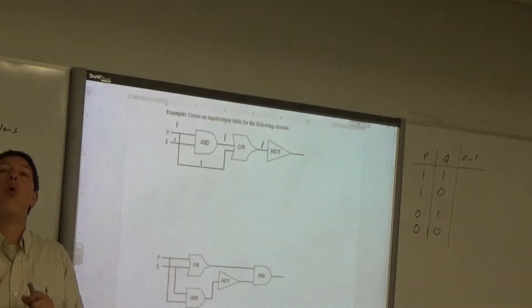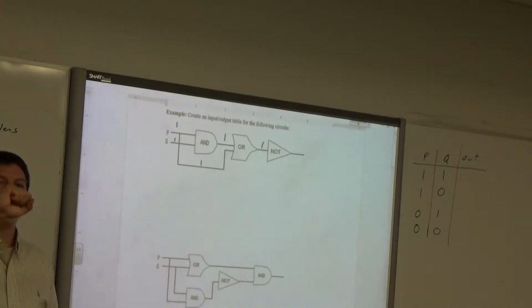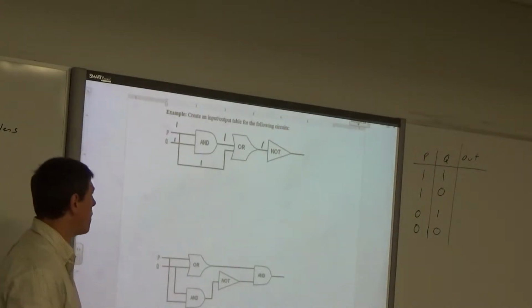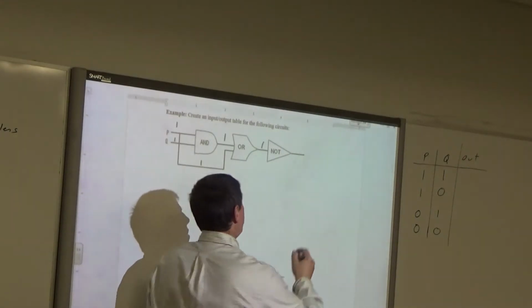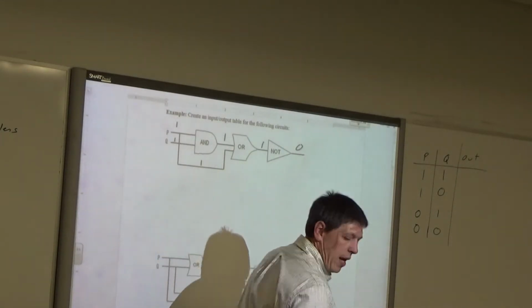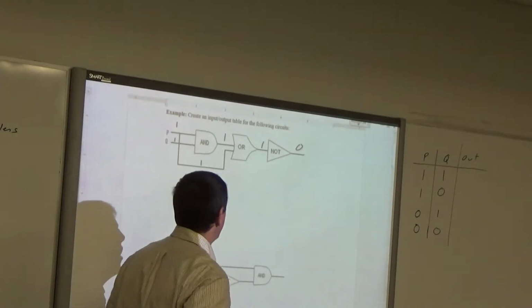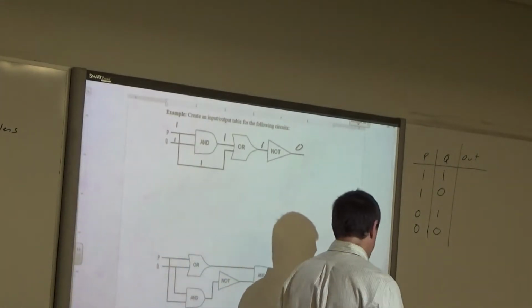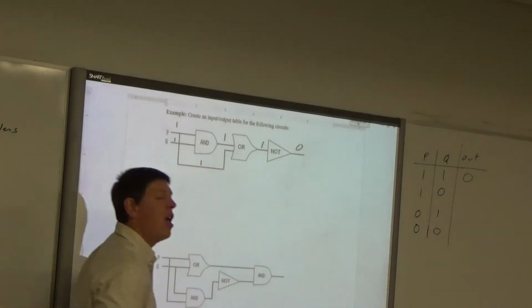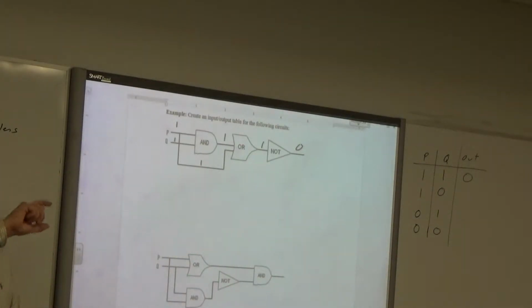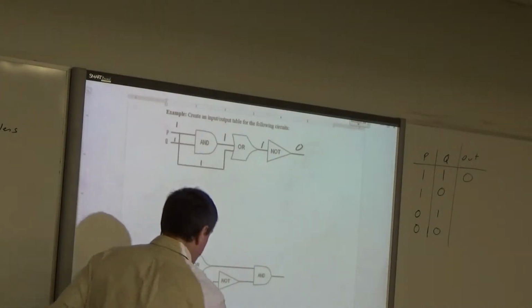Remember, the only time an OR, a disjunction, is false is when you have both zeros. What happens when you run a 1 through a NOT? It's a 0. So basically, if I run 2 1s through that gate, in other words, I turn both impulses on, the output is a 0. Does that make sense, guys? We're just tracing it, and we're using the tables that we already know.